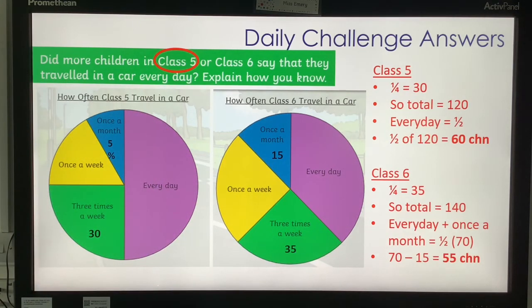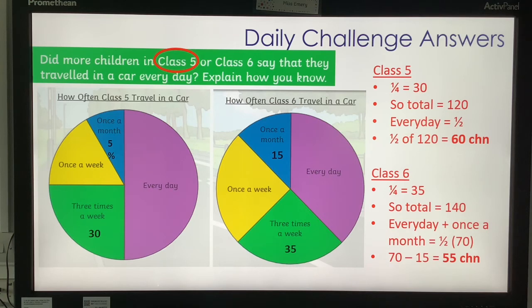We are then able to subtract 15, the once a month, away from our 70. If you do 70 take away 15, you get 55. We know that 60 children travelled by car for class 5, and we know 55 children travelled by car for class 6.